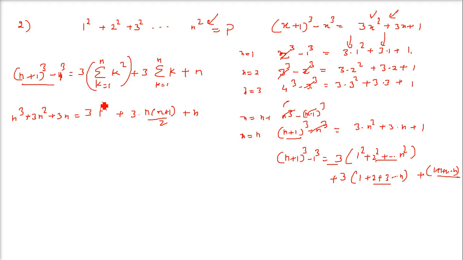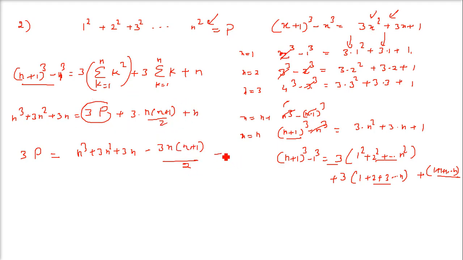Now I can take this 3p on one side and the others on the other side. So we have 3p equals n cube plus 3n square plus 3n minus 3 into n plus 1 by 2, and of course we have minus n also.